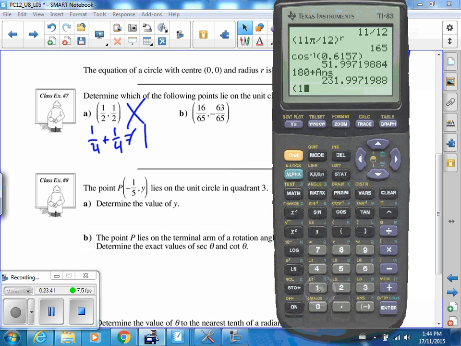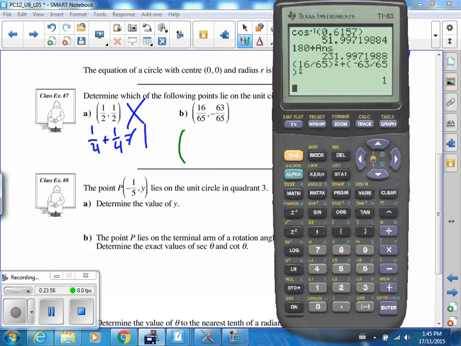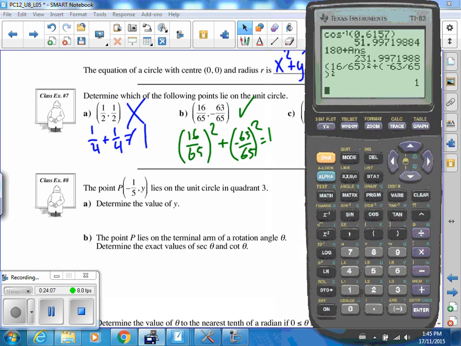So 16 divided by 65 squared plus bracket negative 63 divided by 65 squared. Oh, look, that's 1. That one's on the unit circle. So says my calculator. And I am good with that.